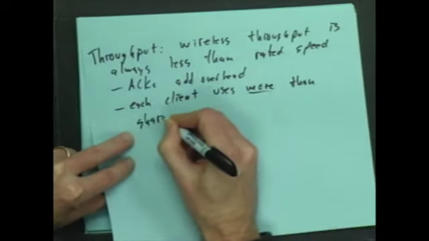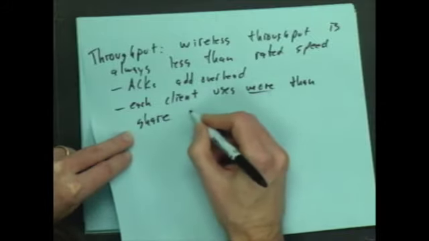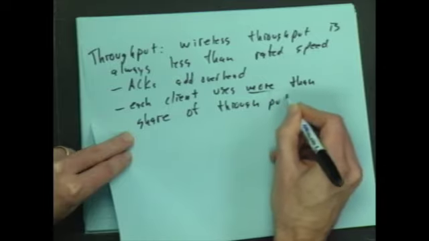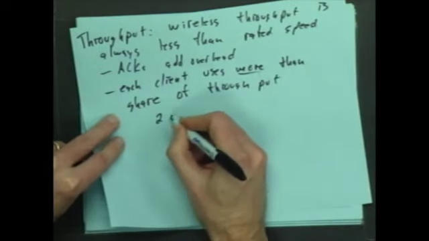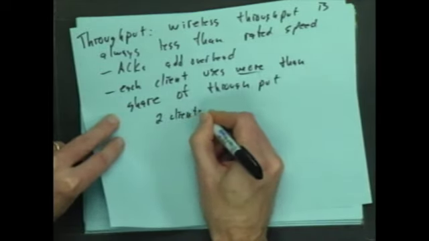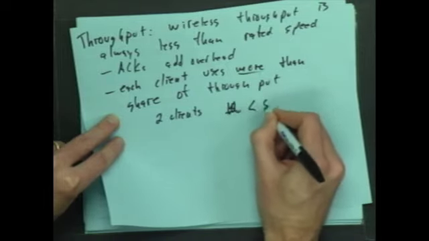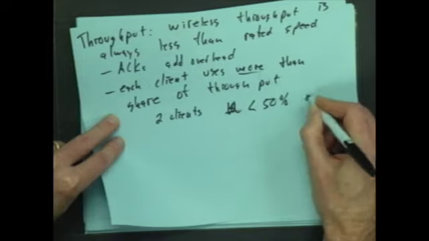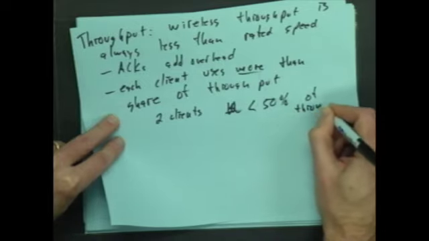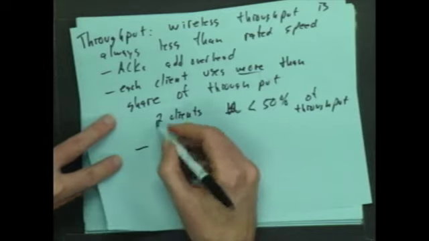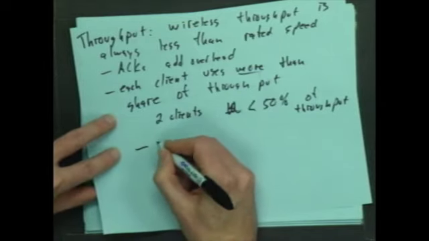So each client is going to use more than their share of the throughput. What I mean here is 2 clients are going to get less than, it's not equal to, less than 50% of the throughput. Okay? This is because of the waiting.